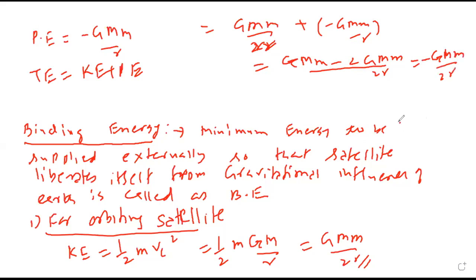So binding energy is the opposite of total energy. Therefore, it will become plus GMm upon 2r. So the binding energy of a satellite is plus GMm upon 2r, which is opposite of total energy. Just write this much again.